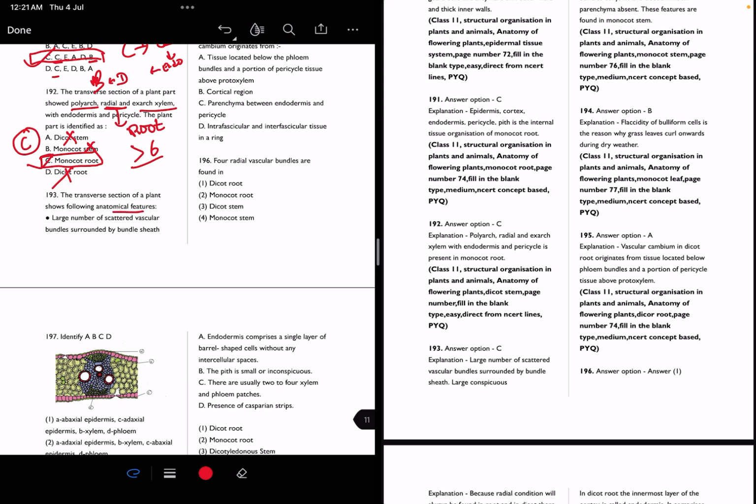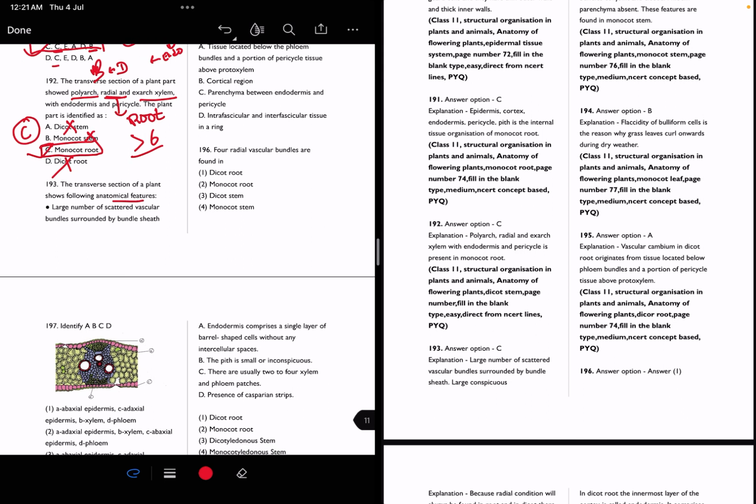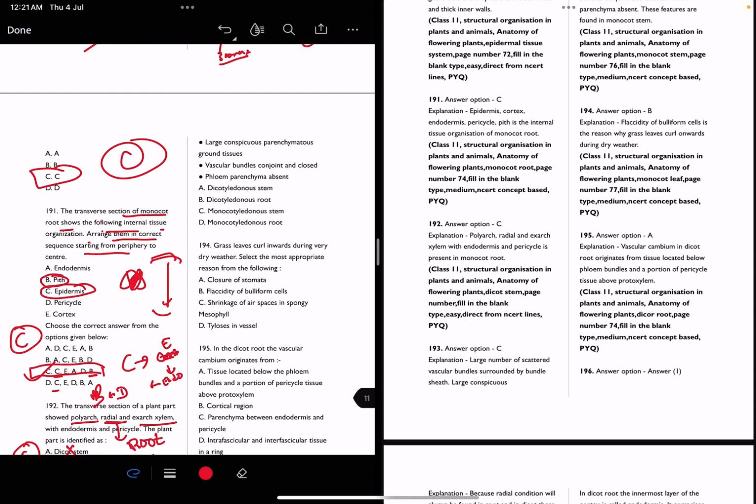Now the anatomical features are given and we should ask which structure it is. Large number of scattered vascular bundles. Scattered vascular bundles means we are talking about stem only, bro. Now move ahead. Large conspicuous parenchymatous ground tissue, vascular bundles conjoined and closed. We are talking about more or less monocot, so not dicot.